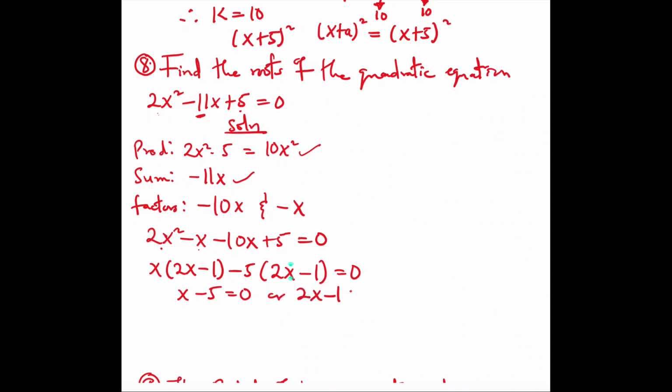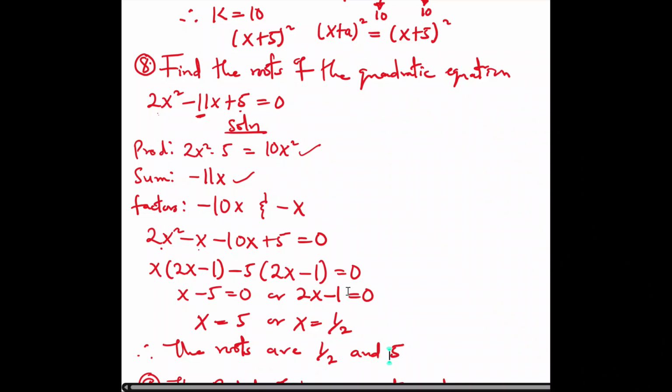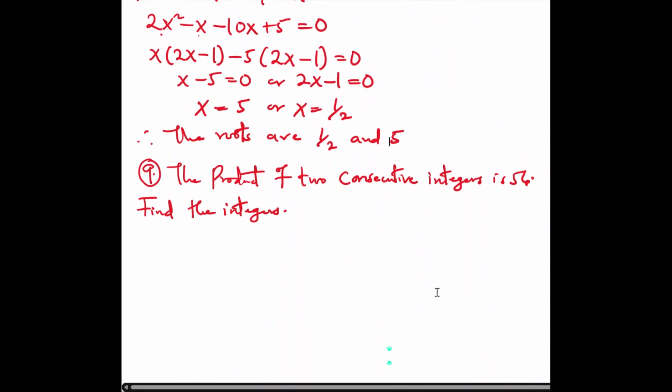So we have x minus 5 equals 0, or 2x minus 1 equals 0. So x equals 5, or x equals 1 over 2. Therefore the roots of this equation are 1 over 2 and 5.